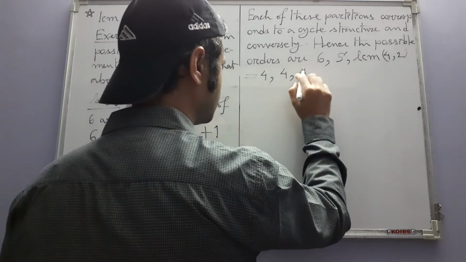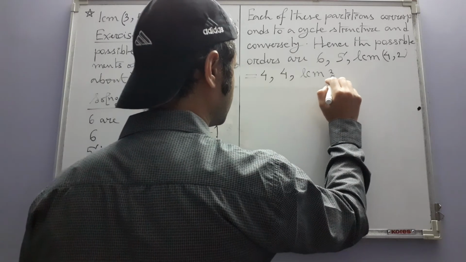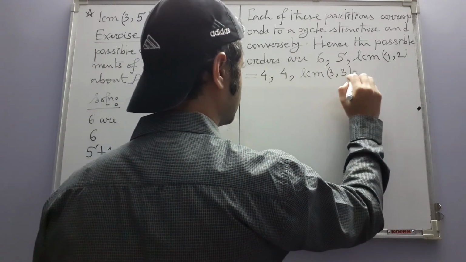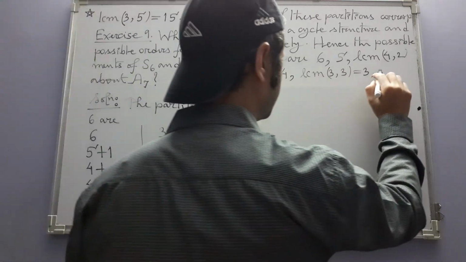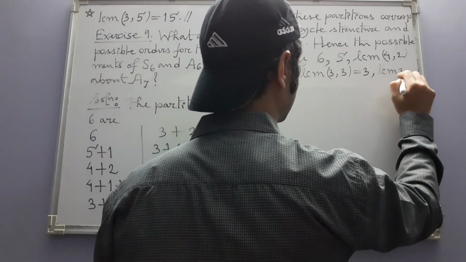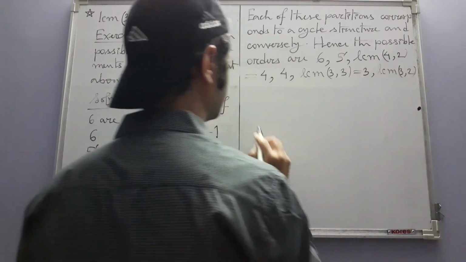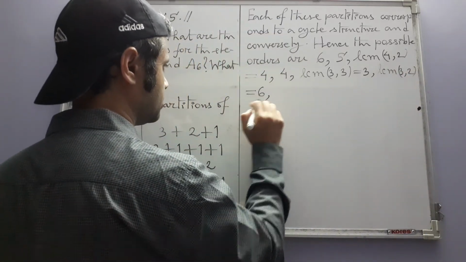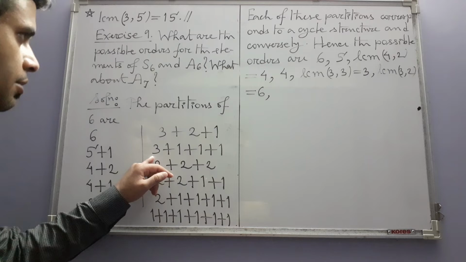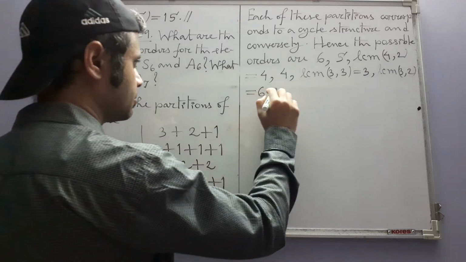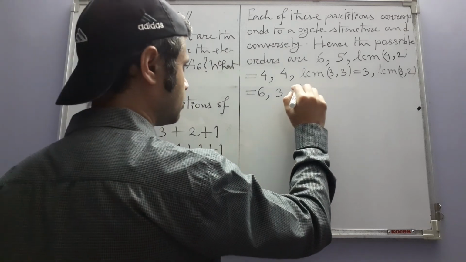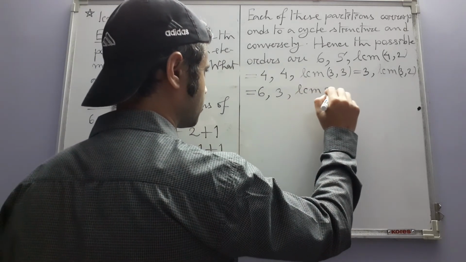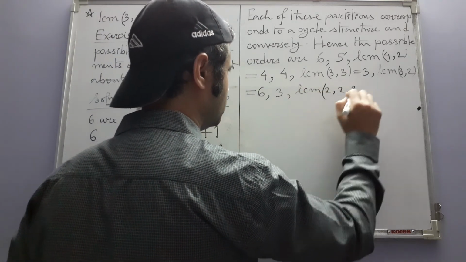This is LCM of 3 and 3, 3. Here LCM of 3 and 2 is 6, and this of course is 3. This is 2.